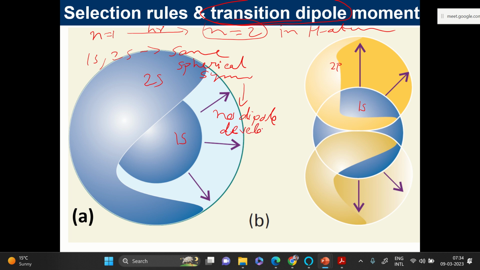But you can see here when 1s transforms into 2p, there is asymmetric charge distribution overall.